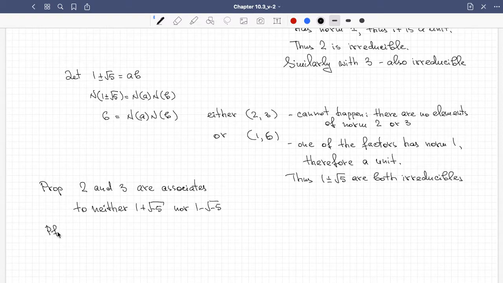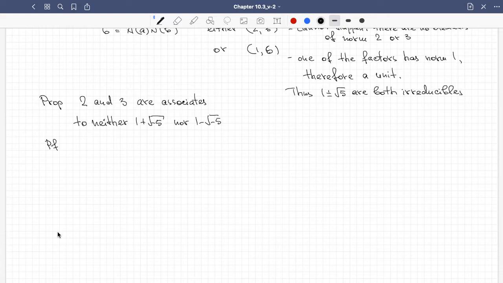That is because if two elements are associates, so if A and B are associates, by definition, A equals BU and U is a unit.